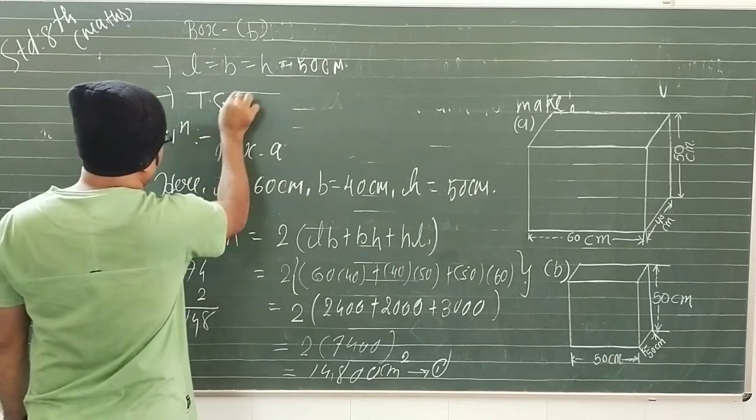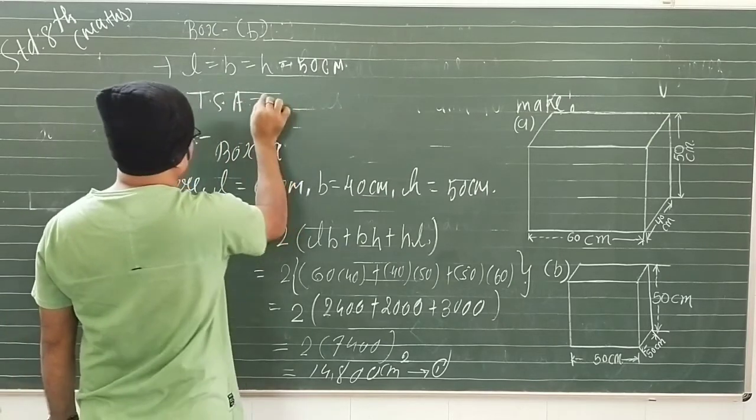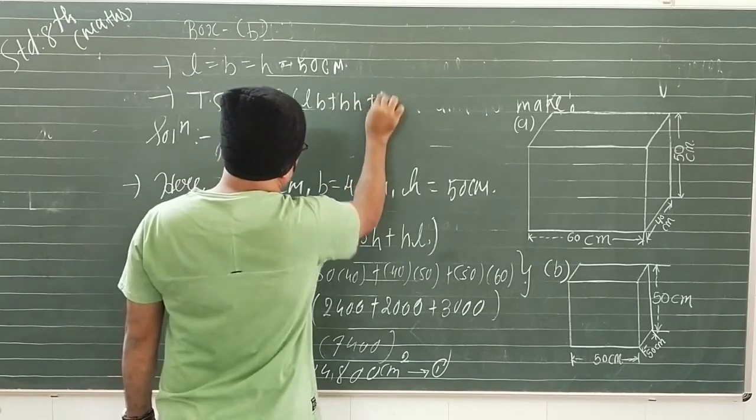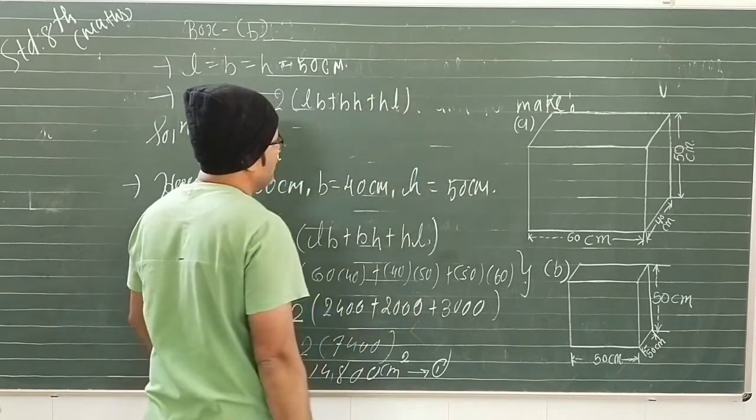So TSA will be 2 into LB plus BH plus HL.